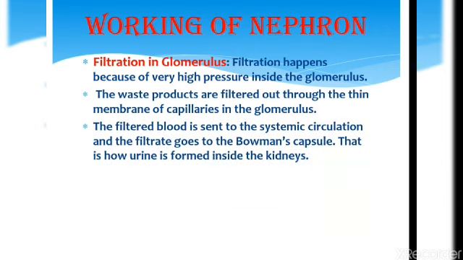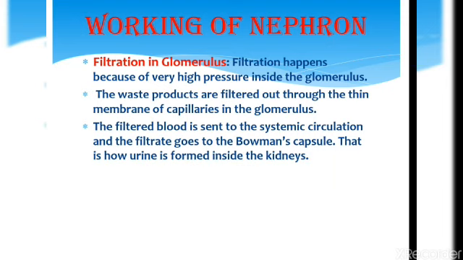The filtered blood is sent to the systemic circulation and the filtrate goes into the Bowman's capsule. Remember, this filtrate contains water, glucose, amino acids as well as urea.